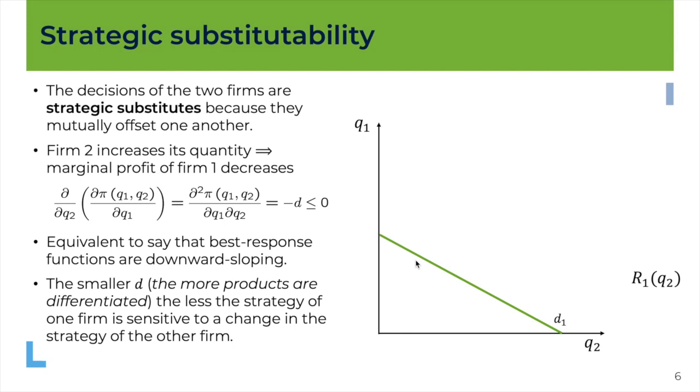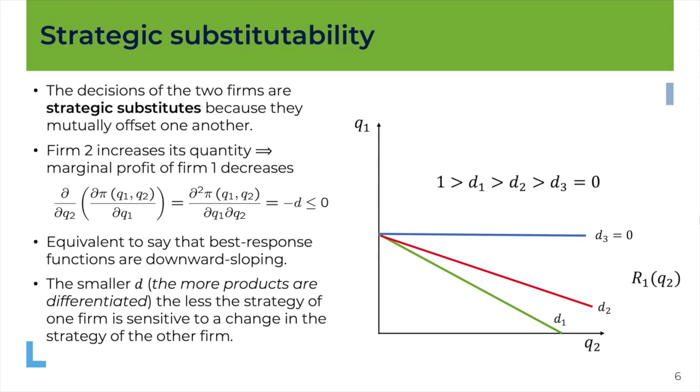So we've got a negative slope. I've drawn this for a given value of d. What happens if d decreases? Well, the negative slope is going to decrease, meaning that the reaction of firm 1 becomes less sensitive to the quantity of firm 2.